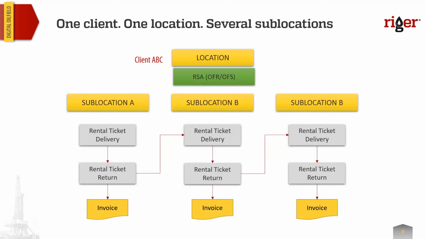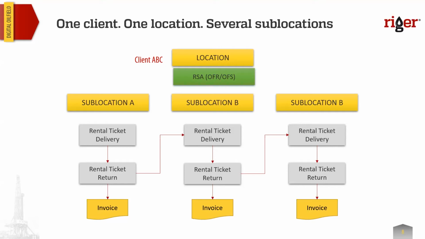Now let's take a look at another scenario, a little bit more complex. In this case, I took just client ABC, and this client has a location. Let's imagine that this is some kind of big location. For example, in the oil field, it can be a bigger pad where we have different rigs, and under these different rigs we have different wells.